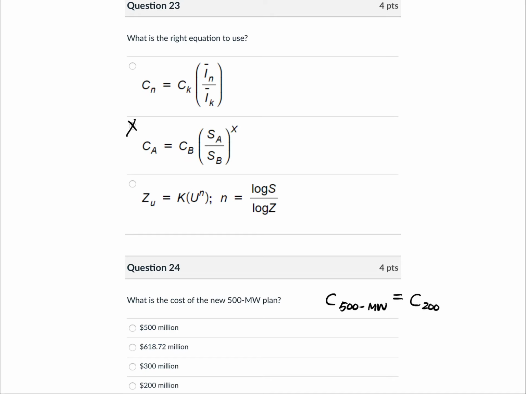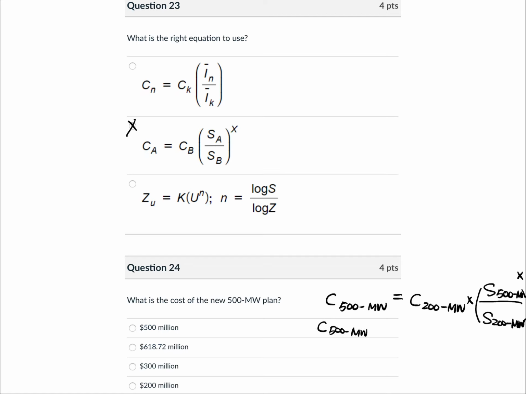C_B is the one which you know the price. This is the cost for the 200 MW plant times S_A, the size of the 500 plant over the size of the 200 plant, to the power of X.